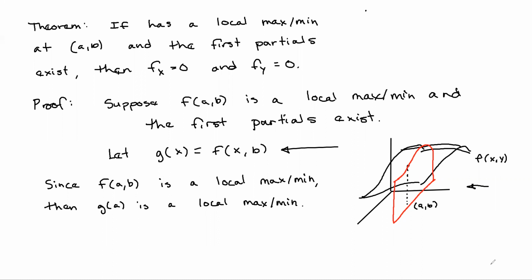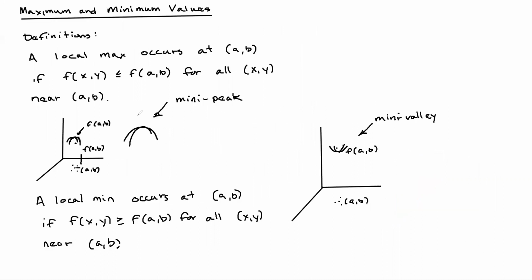If f of a, b looks like this or like this, and you take the cross section of that, then you're still going to have either a peak or a valley. It's just going to be a 2-dimensional peak or valley instead of a 3-dimensional one. Does that make sense?